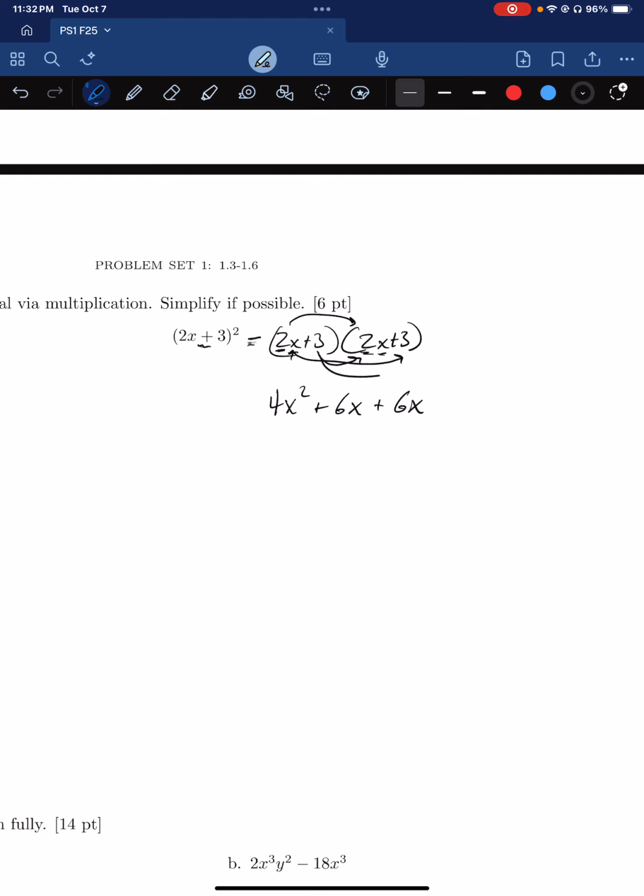And then we have last, which is 3 times 3, which is 9. So we get 4x squared plus 12x plus 9. Notice these combine into a 12x and not a 12x squared, because we're not multiplying them, we're just adding them.